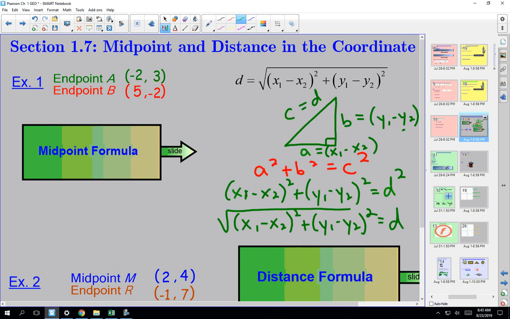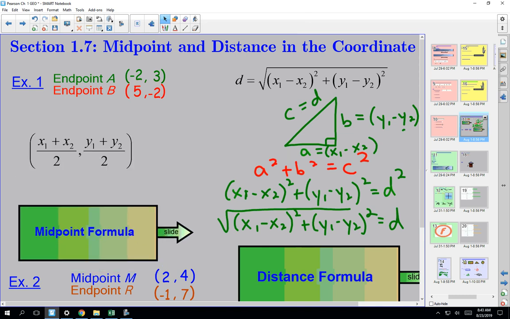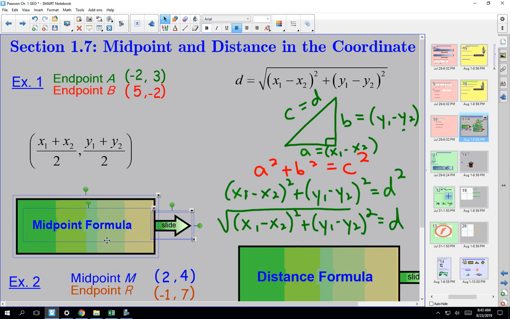Midpoint formula is the following: x1 plus x2 over 2 and y1 plus y2 over 2. So it's finding the average between the two first coordinates, and then the average between the two second coordinates.